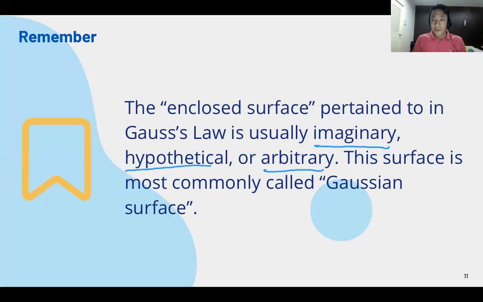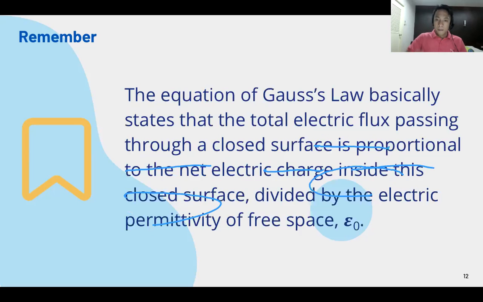What if? Okay, those are the hypothetical words. So this surface is most commonly called the Gaussian surface. Gaussian surface. Okay? So tataka kayo, ano kaya yung mga 3D na sinasabi ni Sir? Sabi ko, ganyan. Malaman din mamaya.